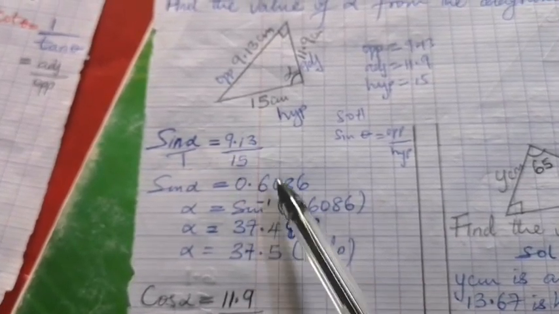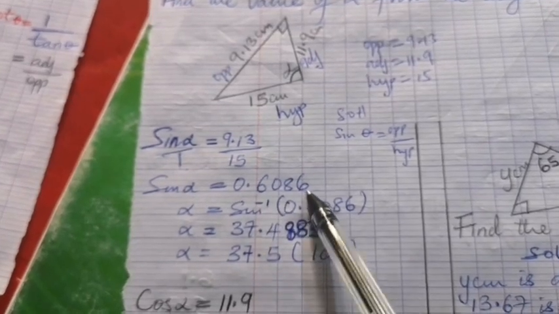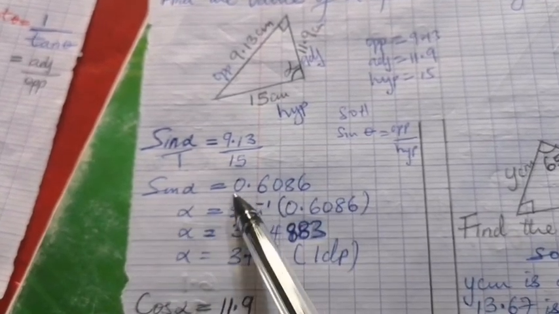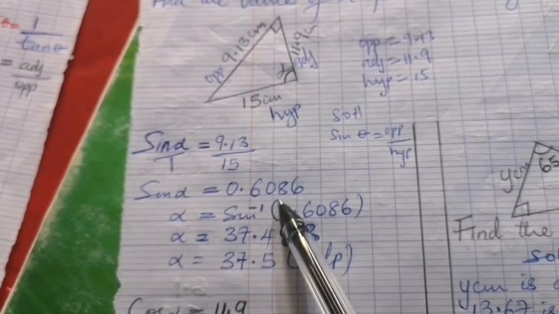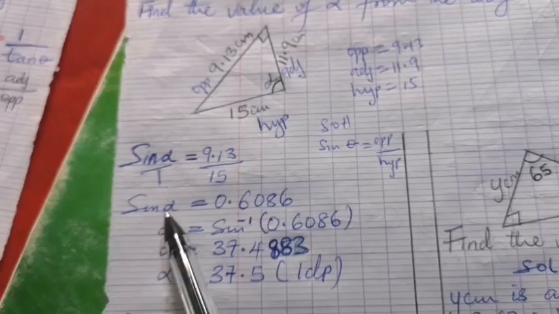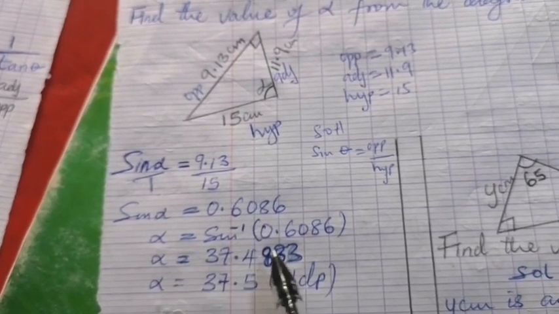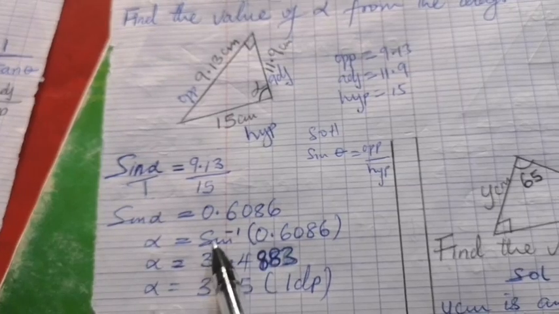If you divide this, it will give you 0.6086. So sine alpha is 0.6086. Now, since we are looking for alpha, not sine alpha, we have to take the sine inverse of this number.